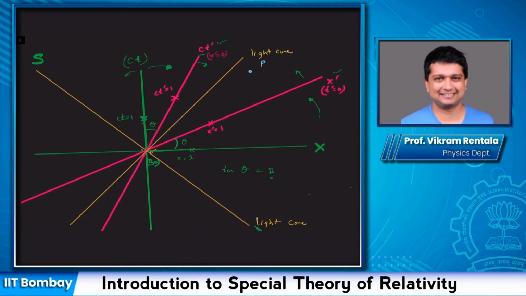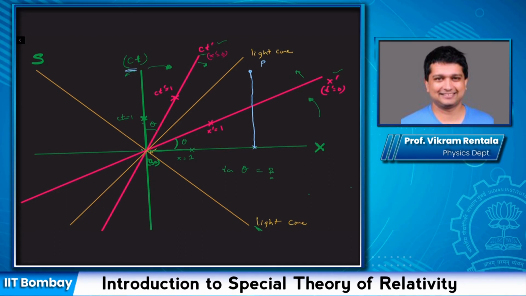So for observer S, what we do is drop a perpendicular to the x-axis. In reality, what we're really doing is drawing a line parallel to the time axis and seeing where that line intersects the x-axis.